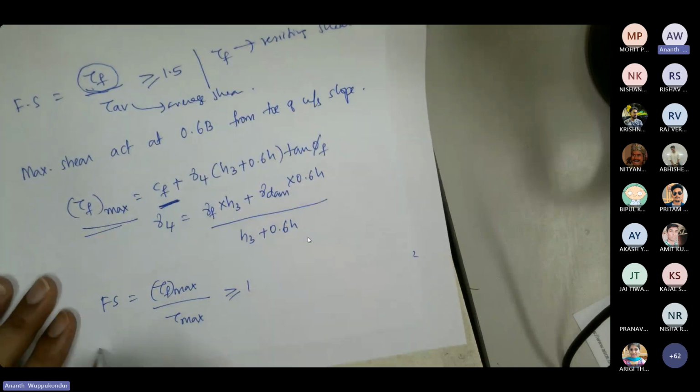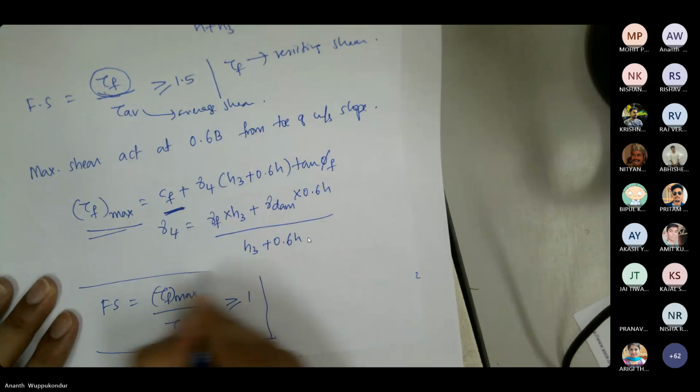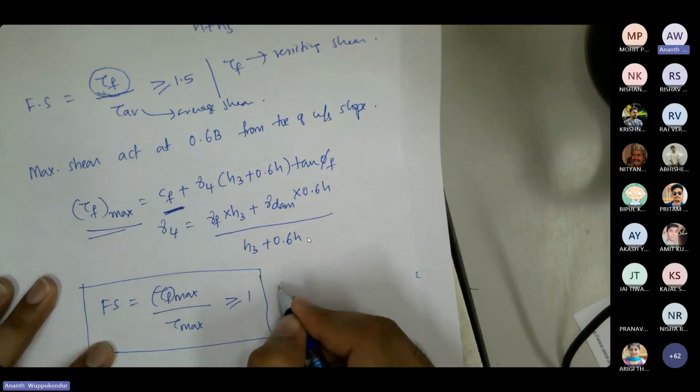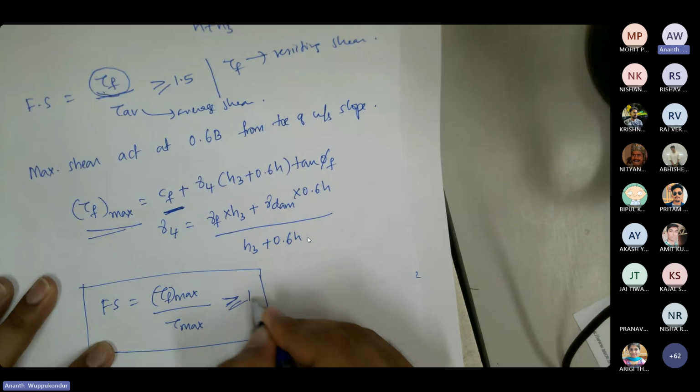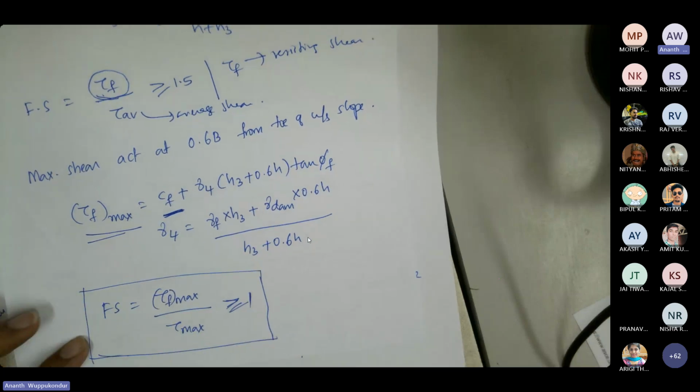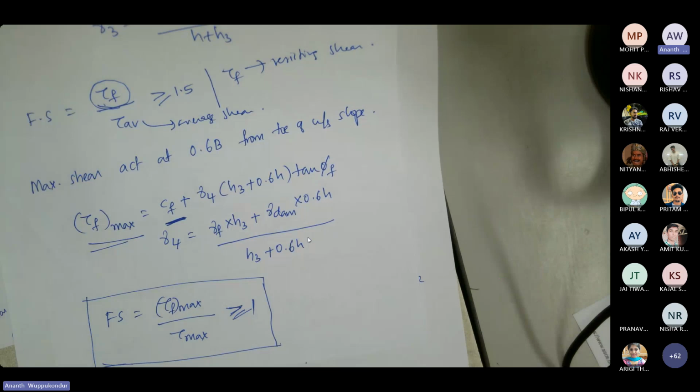Finally, if you take the ratio of these two maximum shear stresses, that would be your factor of safety. It needs to be more than 1. If your factor of safety is less than 1, then your design is unsafe.